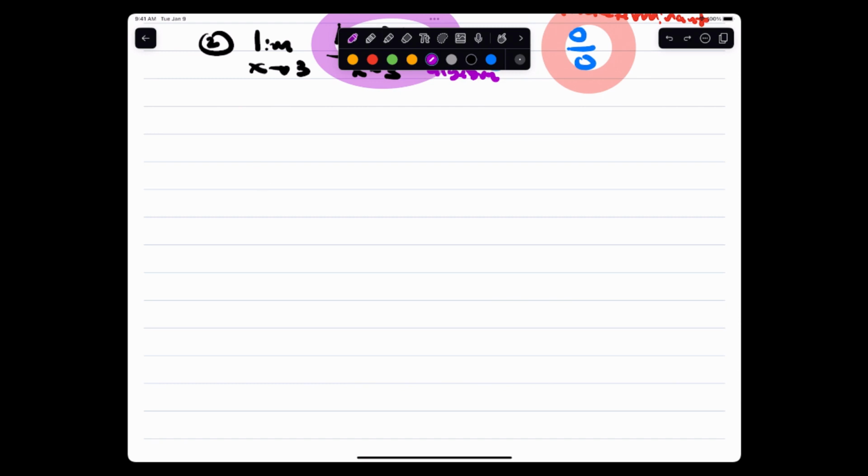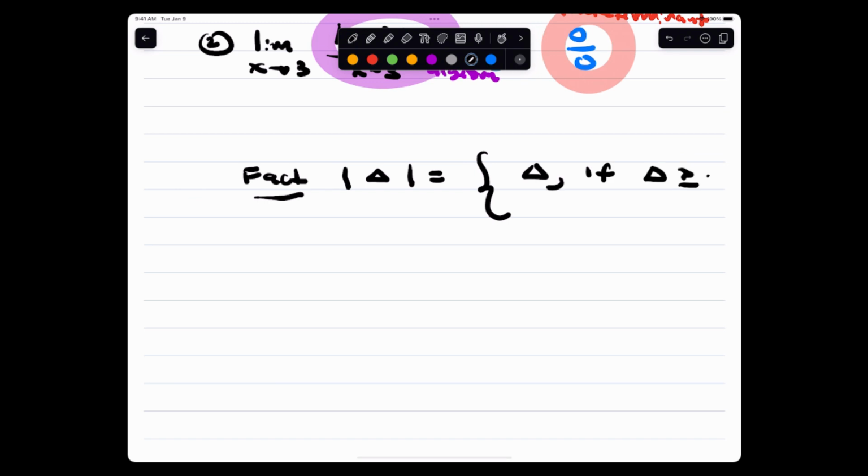Let's give you guys this fact that you always want to do. The absolute value of anything is that thing if what you have is greater than or equal to 0.